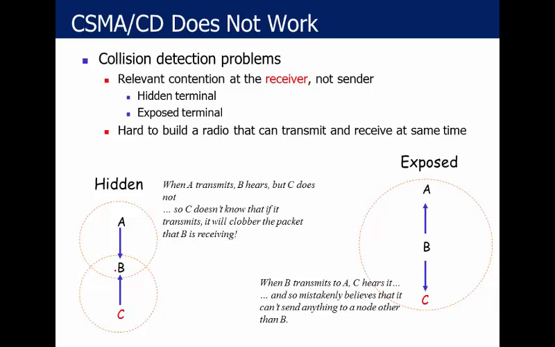But A does not know when C also sends a signal to B. Then one signal comes here, another signal comes here at the same time, and there is a collision. For example, Alberto and I both try to talk to David.